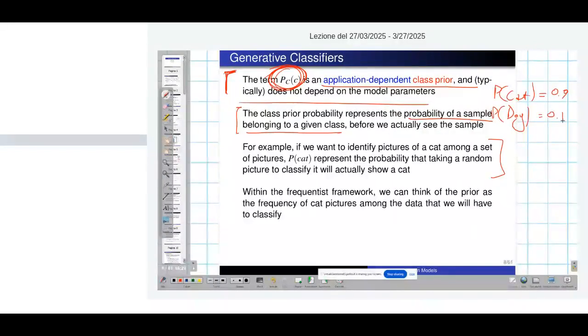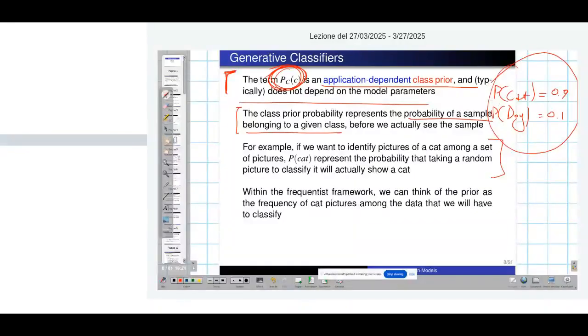I like cats, so most of the pictures I take are of cats. So without looking at my picture, you can already express some belief that the picture will be a picture of a cat. This is the role of prior probability.